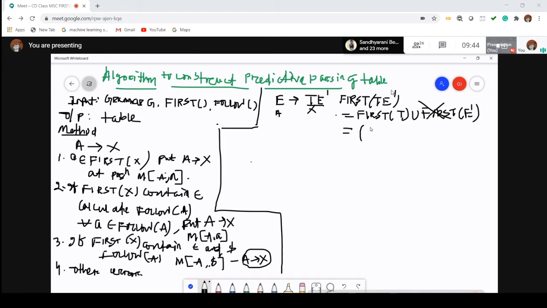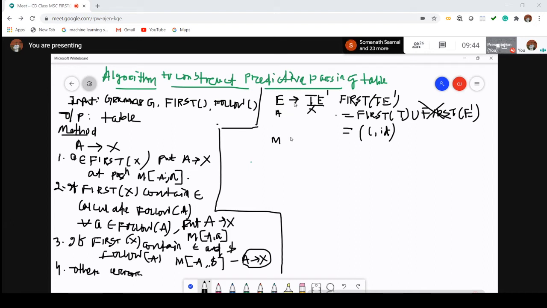So we have already calculated first of T equals left parenthesis and id. Now in the position of left parenthesis and id, I have to put the production. Which production? E to T E dash. How can I write it?